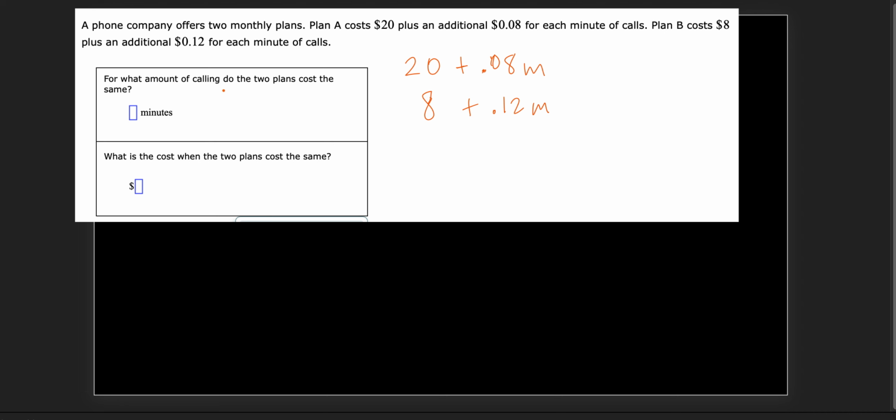And for what amount of calling do the two plans cost the same? It's just like that previous example where we will set them equal to each other. 20 plus 0.08 M equals 8 plus 0.12 M.